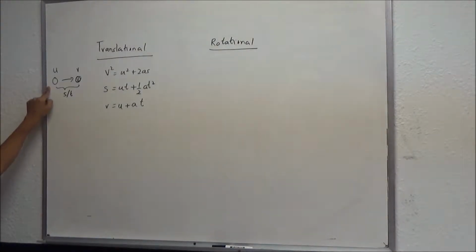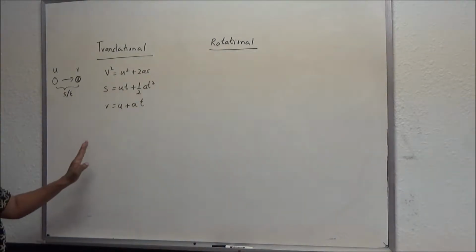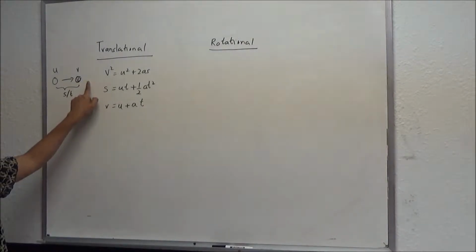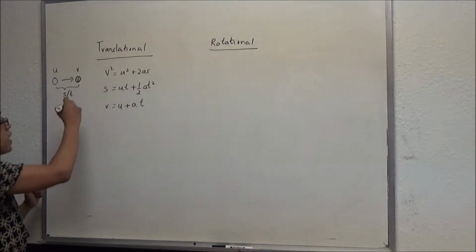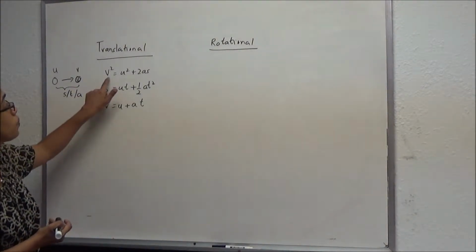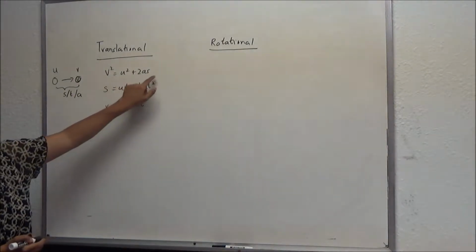If there is a certain object whose initial velocity is u, which travels a certain distance s within a time t and acquires a certain velocity v by an acceleration a, then v squared equals u squared plus 2as.